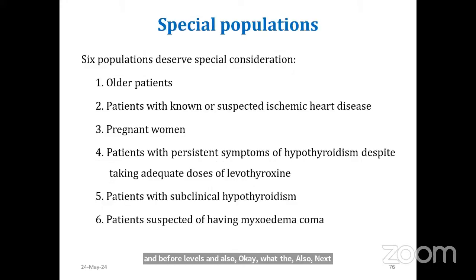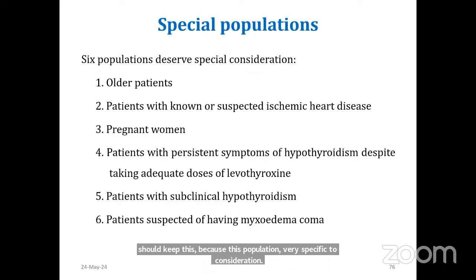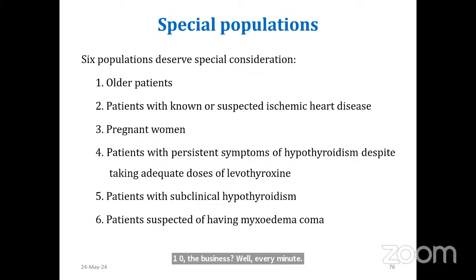So while treating cases of hypothyroidism, we should keep the special population in mind because this population requires specific consideration, like older patients, patients who have ischemic heart disease or are suspected to have ischemic heart disease, pregnant women, and patients with persistent symptoms of hypothyroidism despite taking adequate doses of levothyroxine.